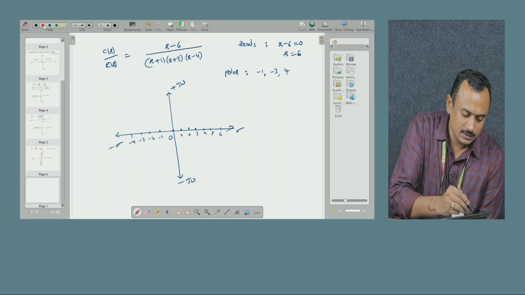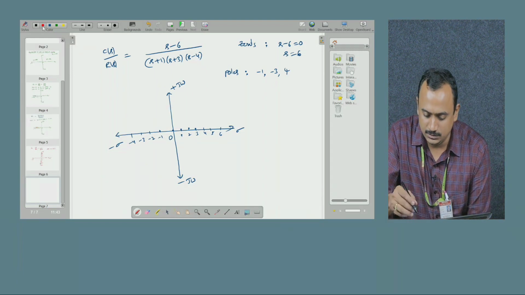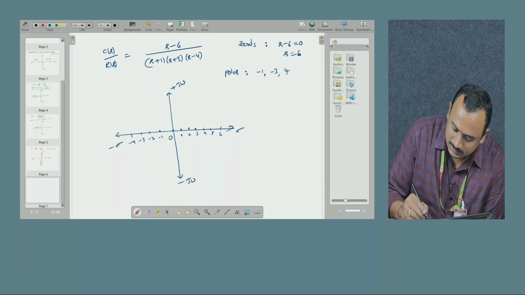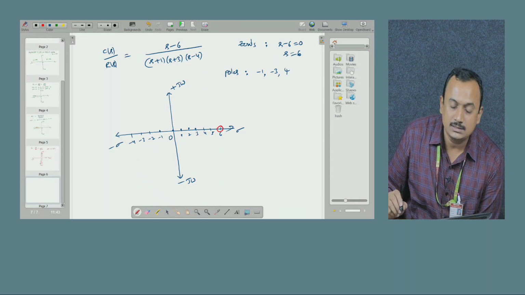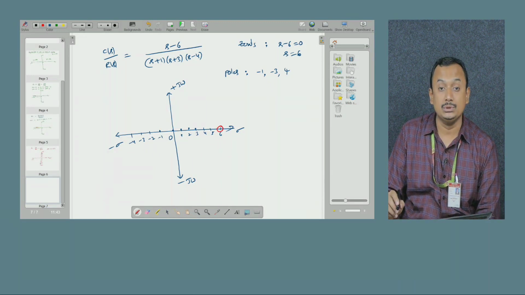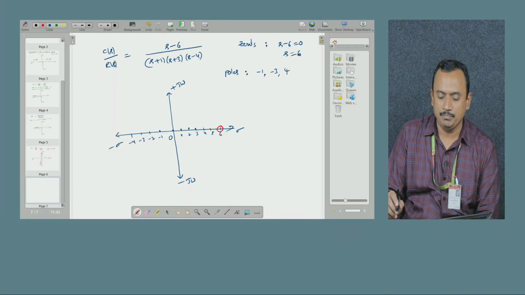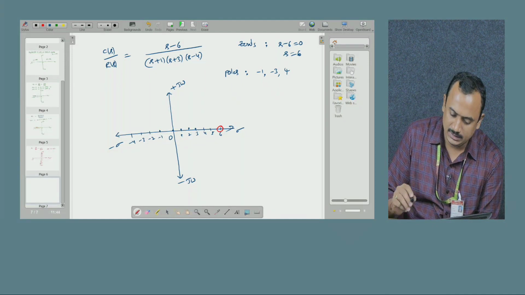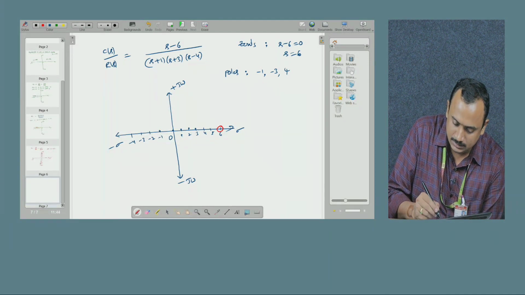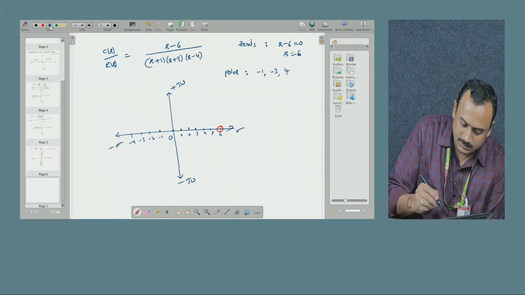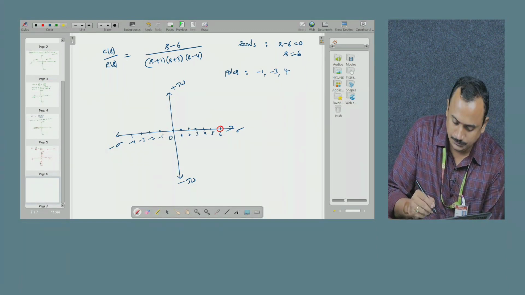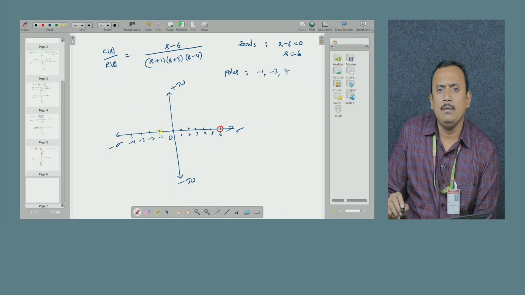First let us place the zeros. Where are zeros? At s is equal to 6. See, this is right hand side, since it is a positive zero. Where are the poles? One is at minus 1, that will be represented with a cross symbol. Where is another pole?